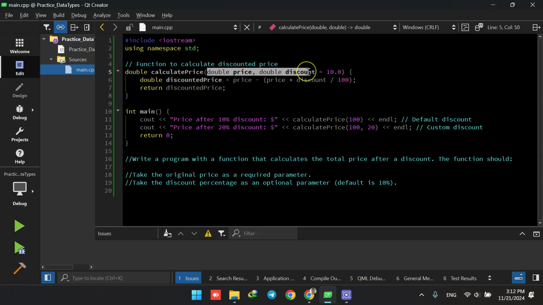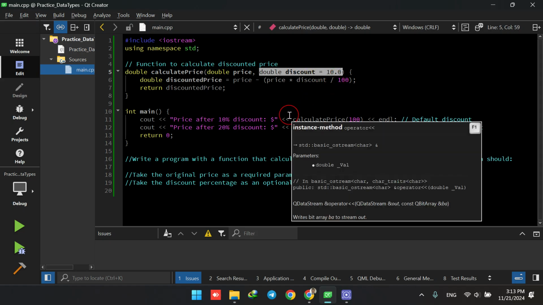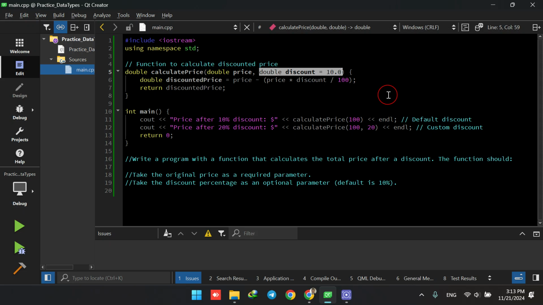In the parentheses there are two arguments, two inputs: one is price, the other is discount. Both of them are double. However, price is a normal argument, but the discount is a default parameter, because we see the equal sign here.